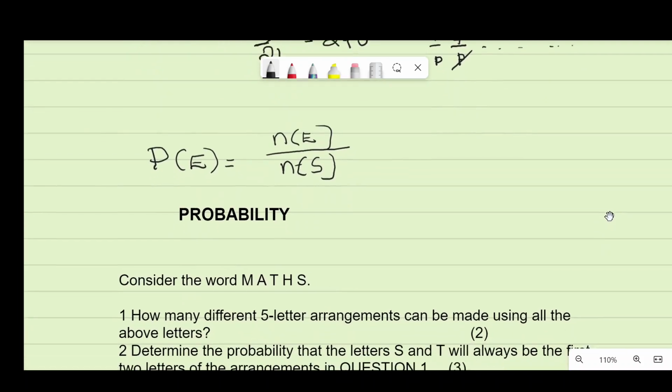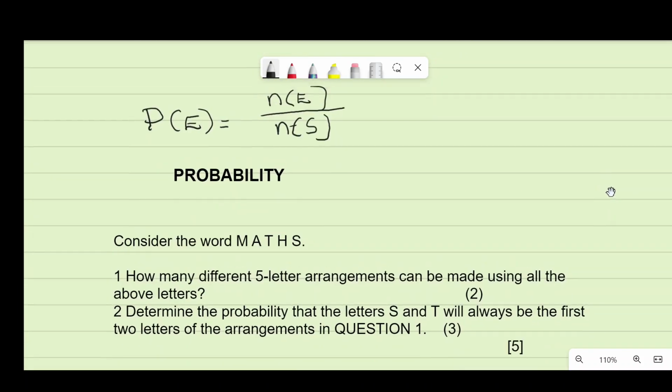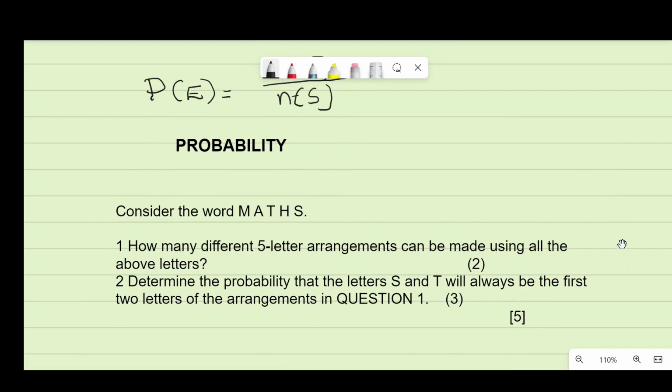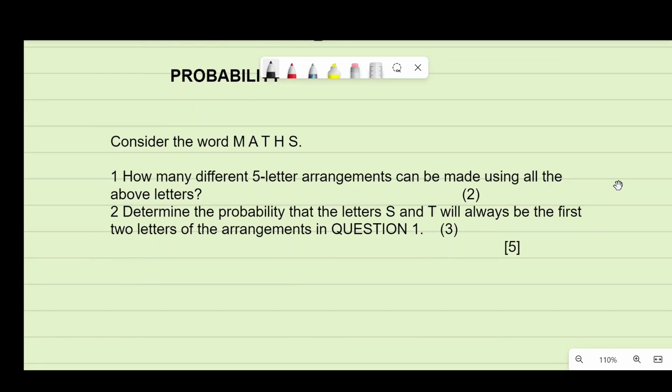Okay, in probability, now let's consider this question. Consider the word maths. How many different 5-letter arrangements can be made using all the above letters?